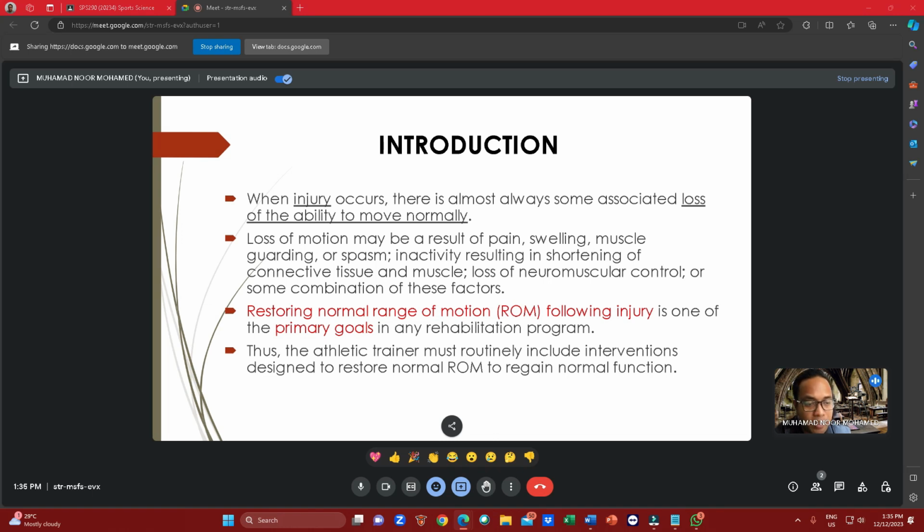When you meet with all of this, restoring a normal range of motion following an injury is a primary goal in any rehabilitation program, because when we have normal range of motion, it will allow us to conduct our life as before. Due to this, athletic trainers must routinely include interventions designed to restore normal range of motion in order to enhance normal function again after any incident.